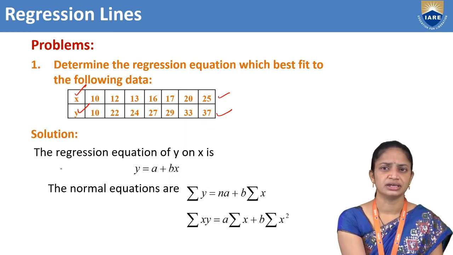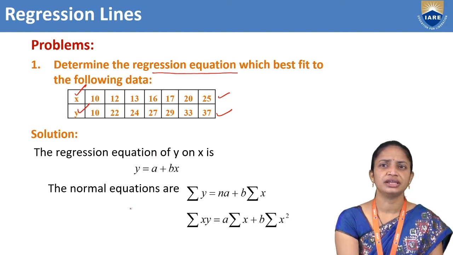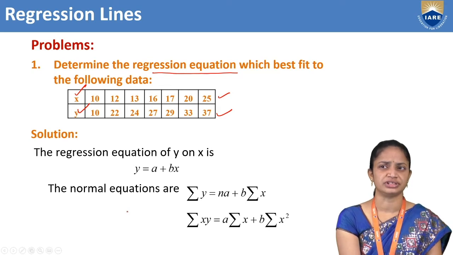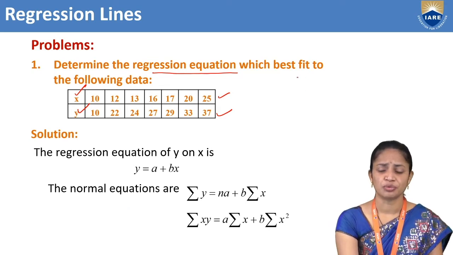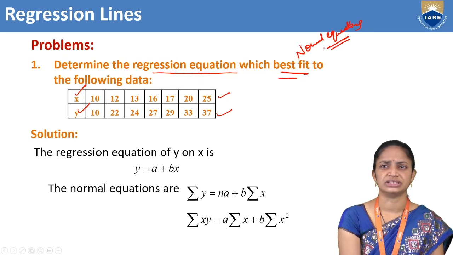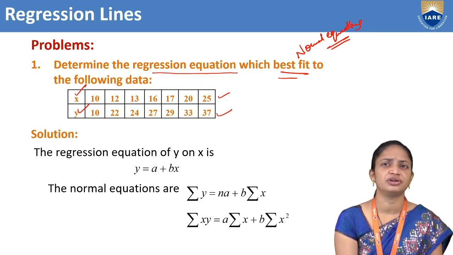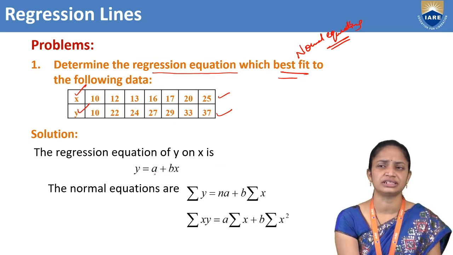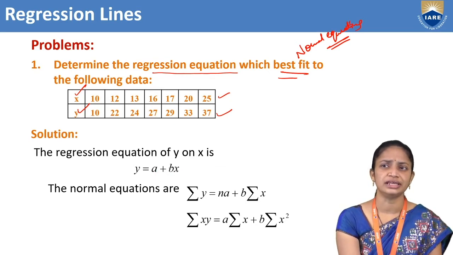Here we need to determine the regression equation that is the best fit to the data. Best fit means we need to use normal equations. Otherwise, if they had given only to determine the regression equation or regression line to the following data, in that case you can use the second method also.